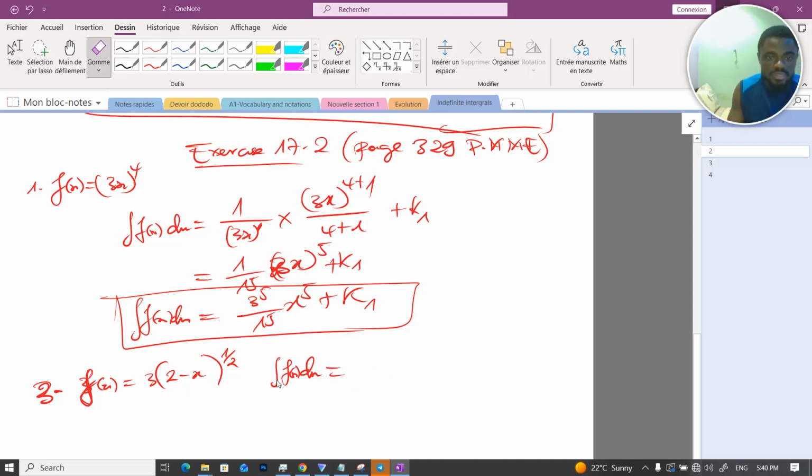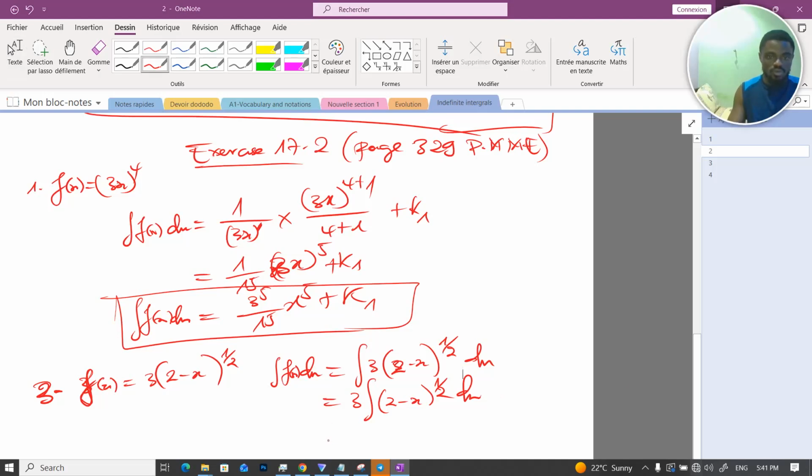The integral of f of x dx will be equal to what? Let's first write this integral of 2 minus x to the half. This will be simply equal to 3 integral of 2 minus x to the half dx, pardon, dx. So we are to integrate this.